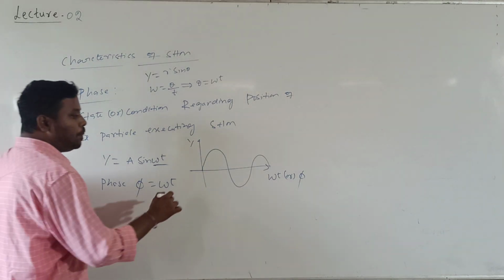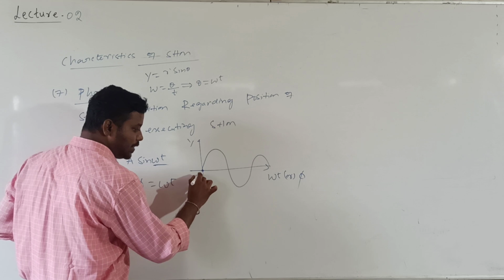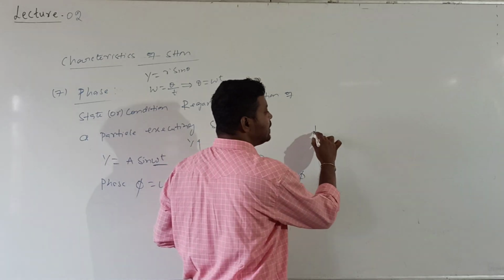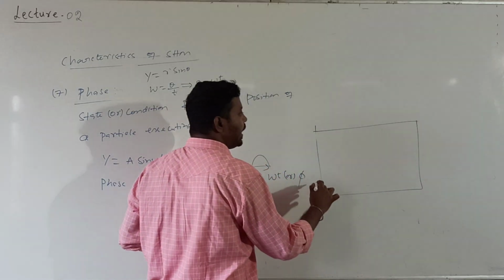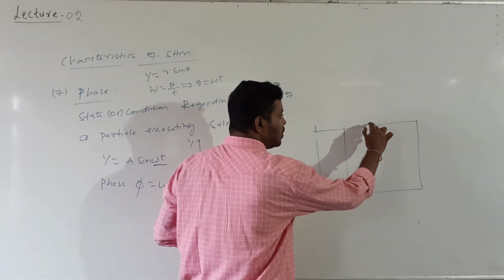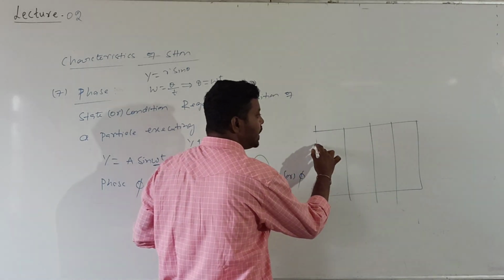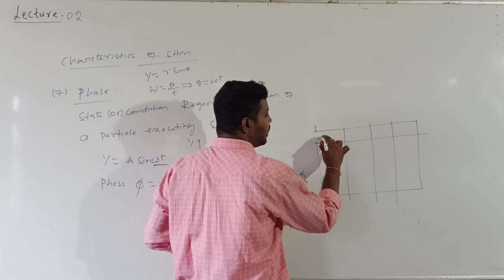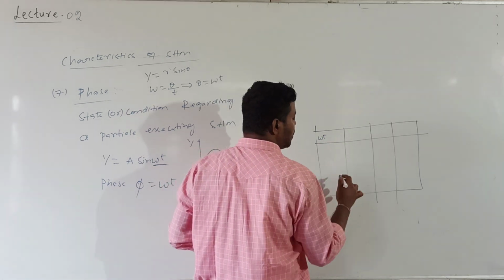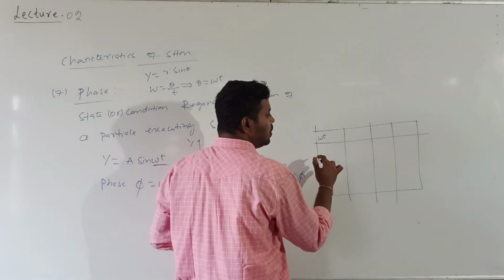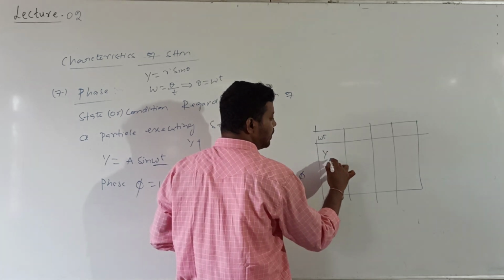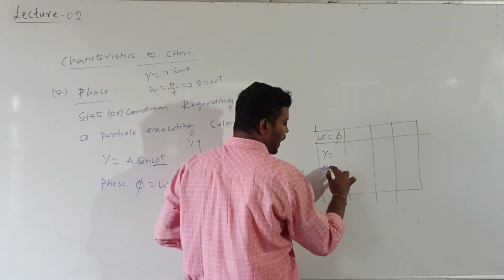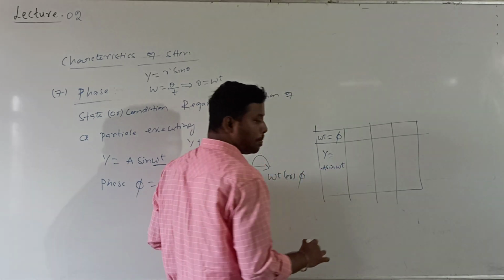Now see, if the particle is here, what is the phase value? 0. If I write a tabular column, in it I mention the possible phase values and the corresponding displacement values. So this column is the phi value or omega t, and this is the displacement y is equal to a sin omega t.